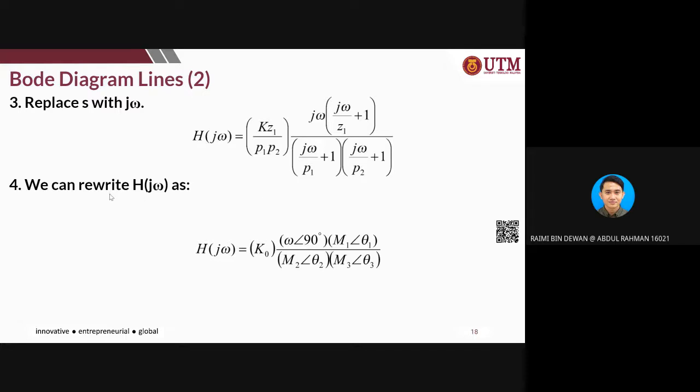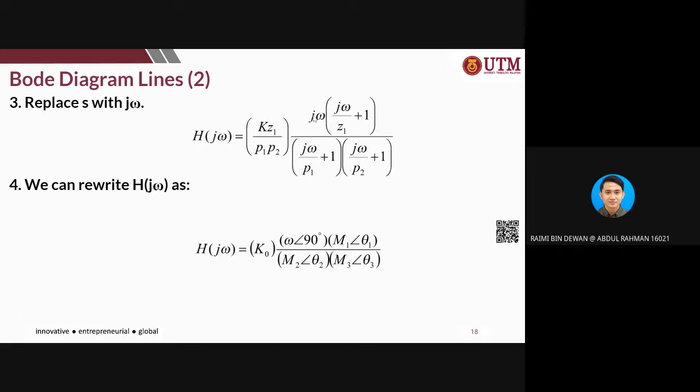We can rewrite H(j omega) as, after you've been replacing it, you have here K naught. This is your K naught. K naught is actually K z1 over p1, p2, so summarize as K naught. And then omega j.